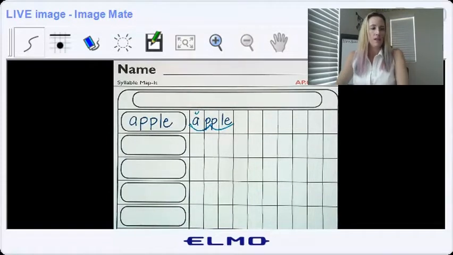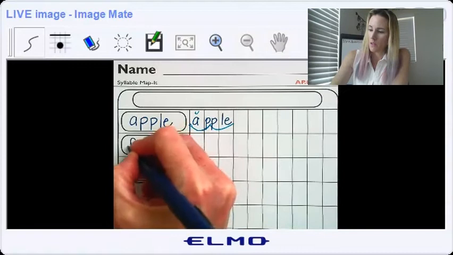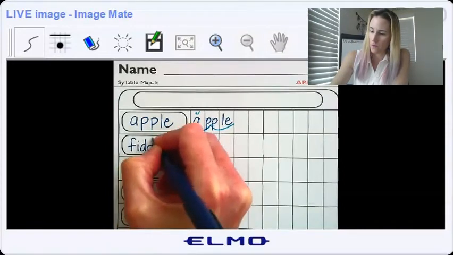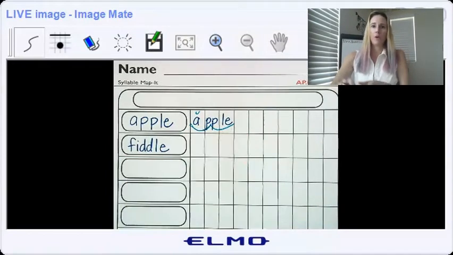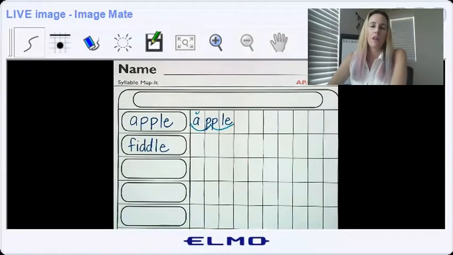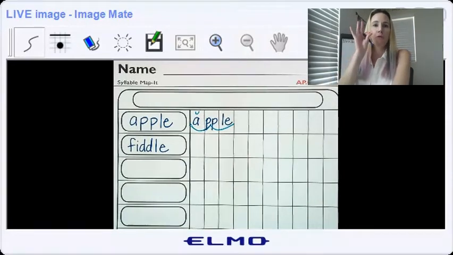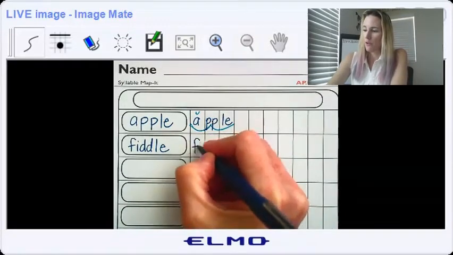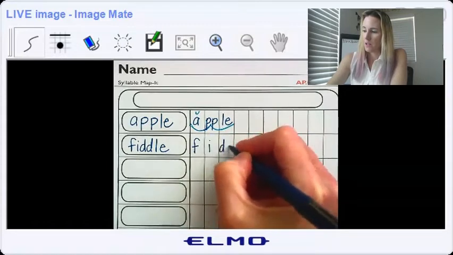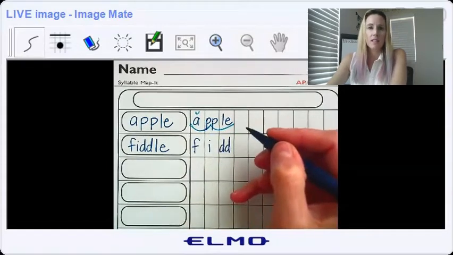Okay, the next one is this word. See if you can read it. Okay, the word is fiddle. F-I-D-L. So 4 sounds. F-I-D, right? We don't make the double D sound.